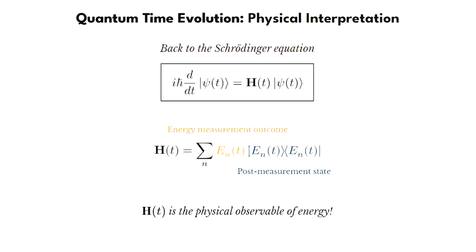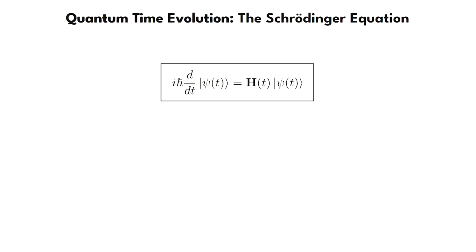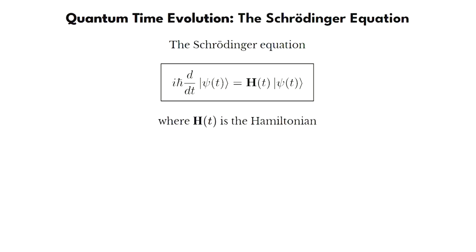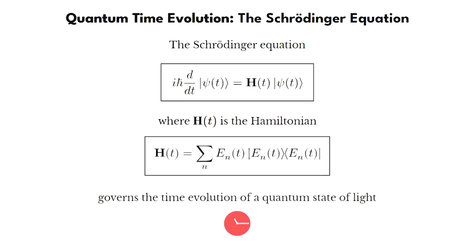And this is a summation, so this H(t) is a physical observable, energy, where the E_n(t) corresponds to the real value. From here, we have recovered how the photon evolves through time. It's described through this H(t), which is a Hamiltonian written down in this form. And because this expression is general enough, it can also be used to describe any other quantum state.